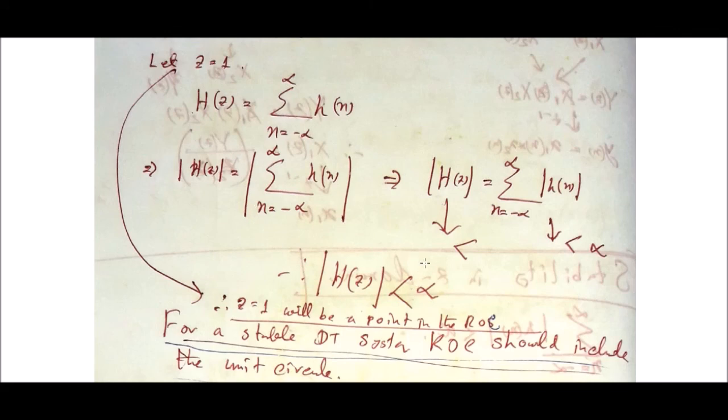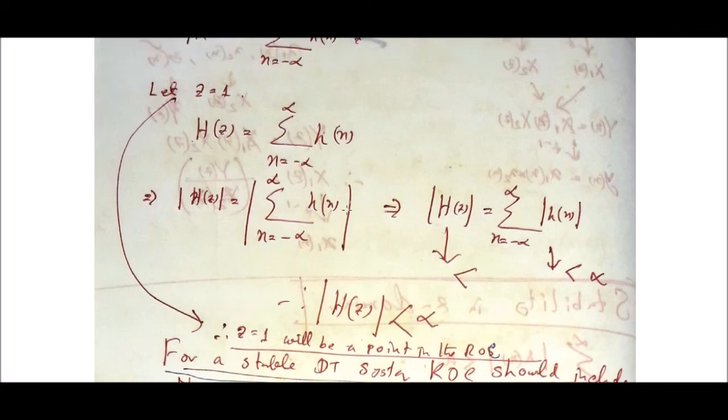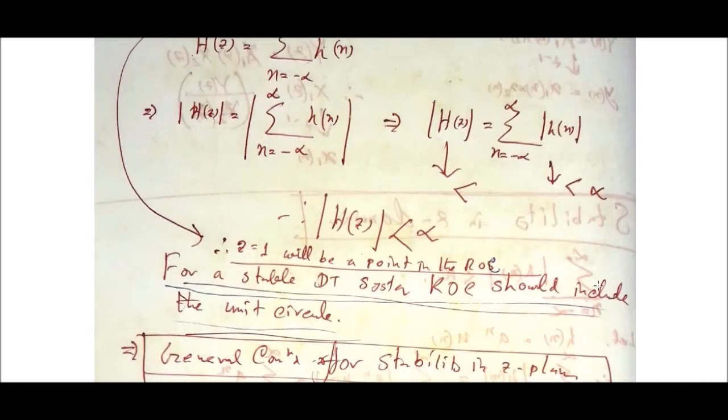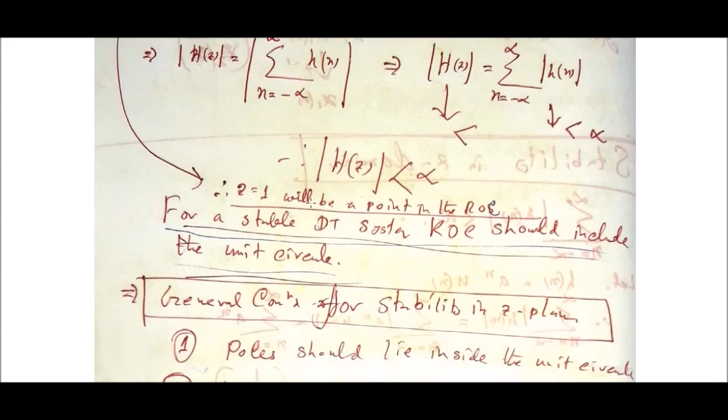And you know that if it is stable, then this magnitude can be taken inside like this, and this should be less than infinity. That means the magnitude of the entire transfer function should be less than infinity. That is the condition of stability in the Z domain. Z equal to 1 will be a point in the ROC. That means z equal to 1 is nothing but the unit circle, and it should be within the ROC. Remember that.